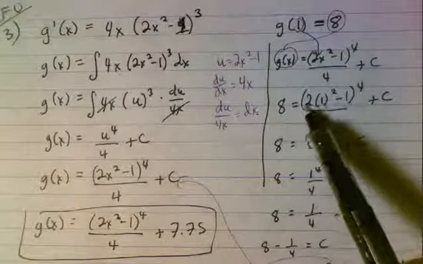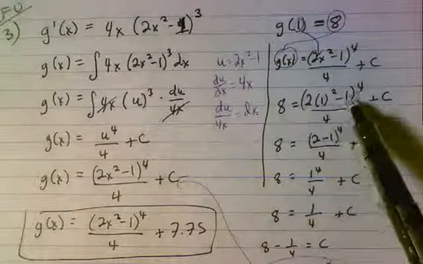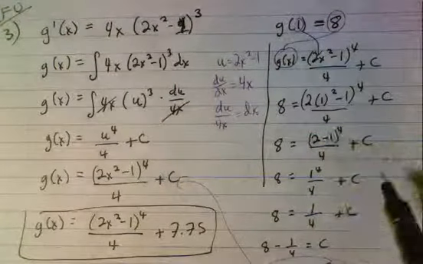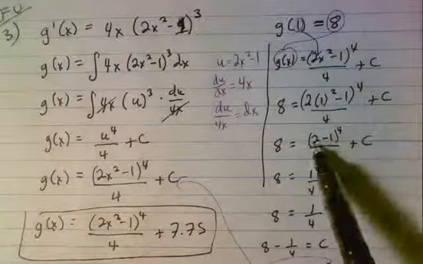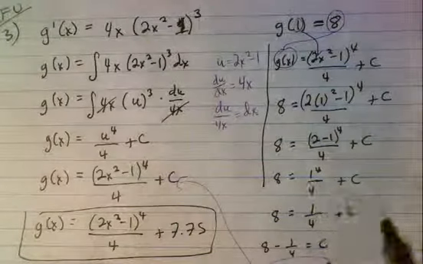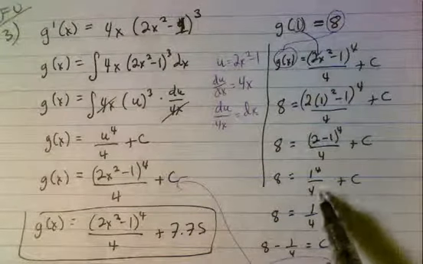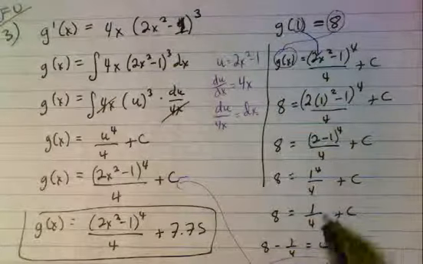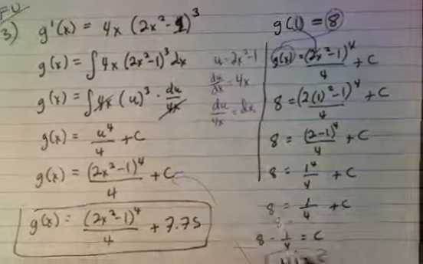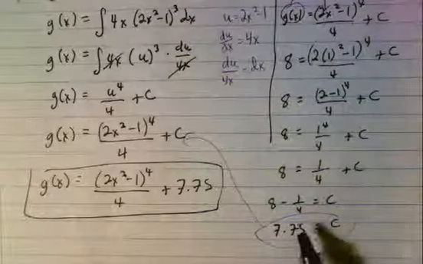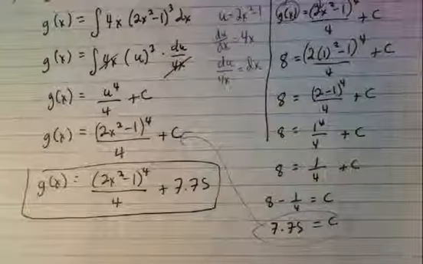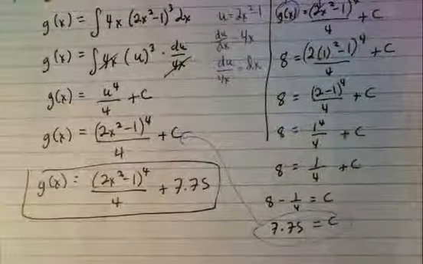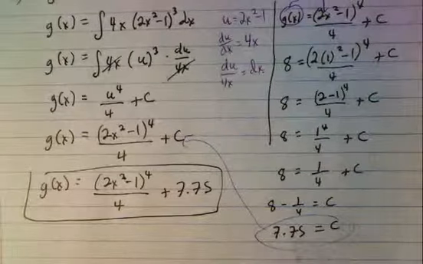So 8 equals 2 times 1 squared minus 1 to the 4th all over 4 plus c. Once we simplify that, 2 minus 1 is 1 to the 4th power is 1, divided by 4. 8 equals 1/4 plus c. Subtract 1/4 from both sides. 8 minus 1/4 is c. 7.75 equals c. Plug that in. There we go. If you left this as a fraction, totally fine.